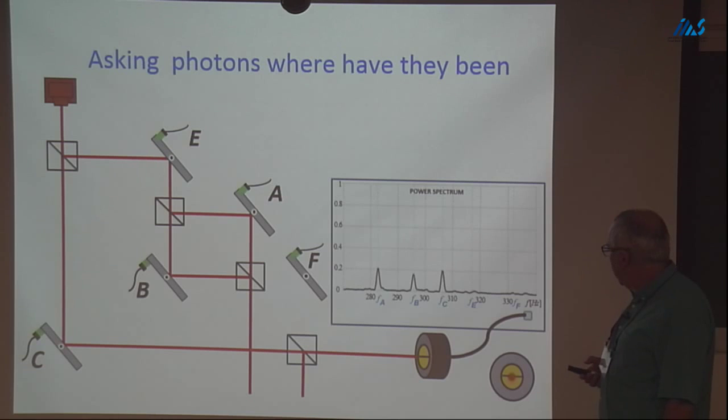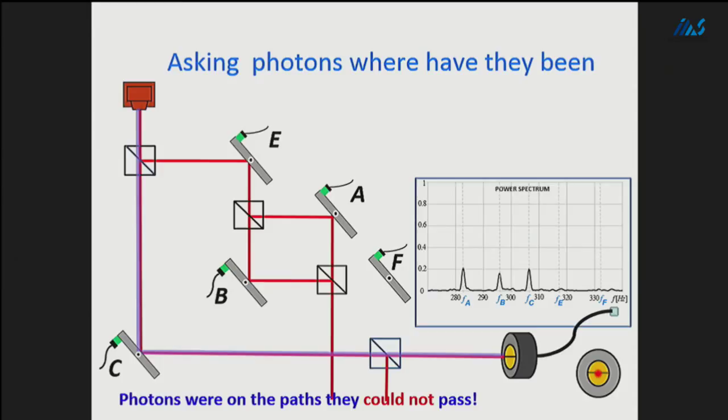So what we got was A, B, and C. No E, no F. So the photons were on a path they could not pass, because they told us they were here, but they could not have been here, because of the interference.